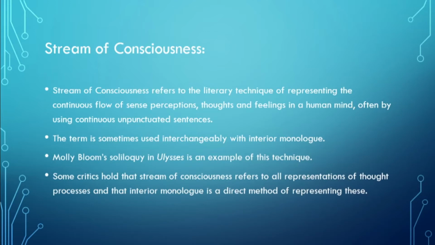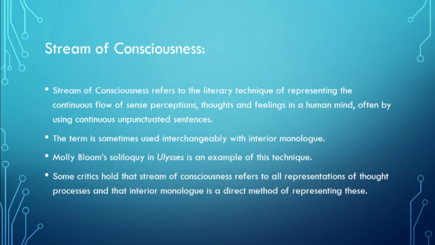Interior monologue is also the direct expression of one's emotions, feelings, thoughts, etc. That means direct expression of a character's emotions, thoughts, feelings, etc. Then what is the difference between stream of consciousness and interior monologue? Most stream of consciousness is in first person narration, and there is no chronological order in the expression because our human mind, our human consciousness, has no such beginning or end.